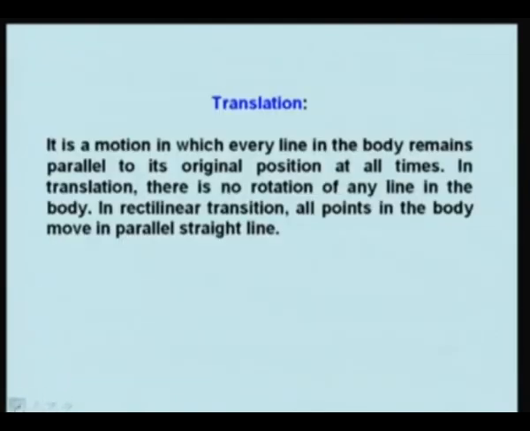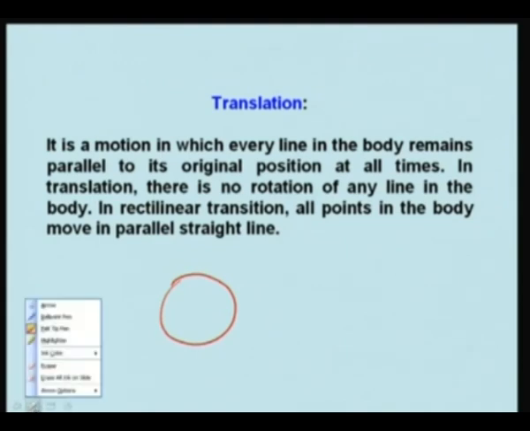For example, this body here is moving on a circular path, that red circle.